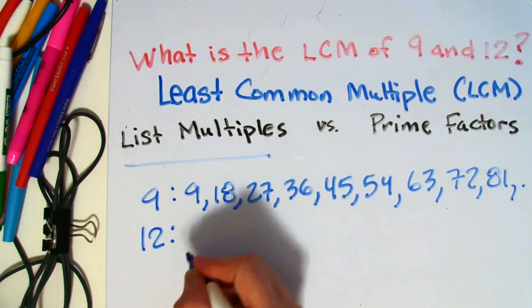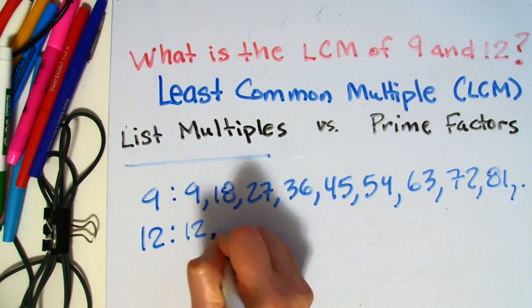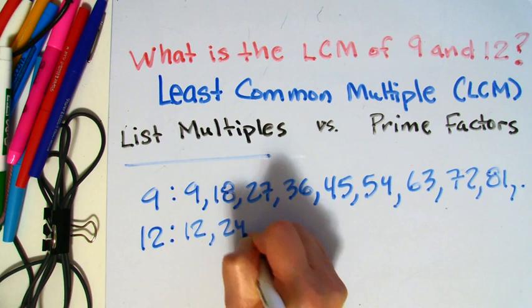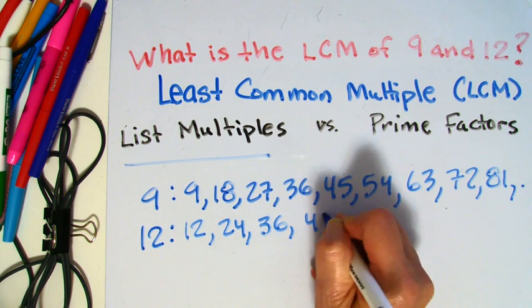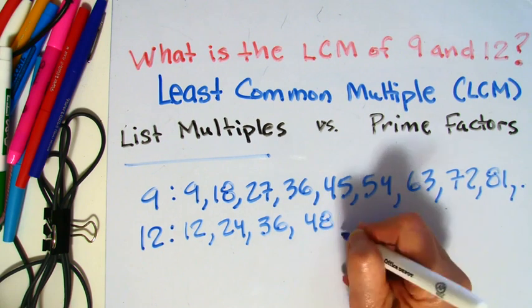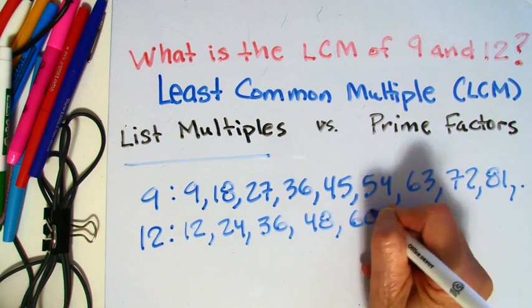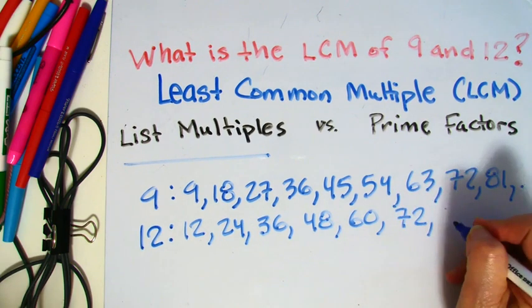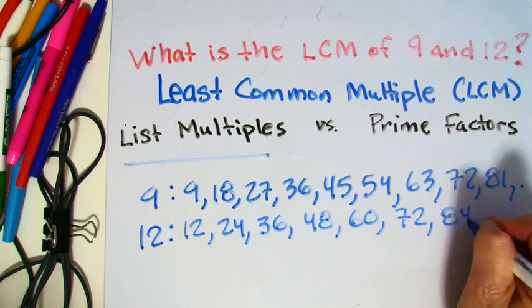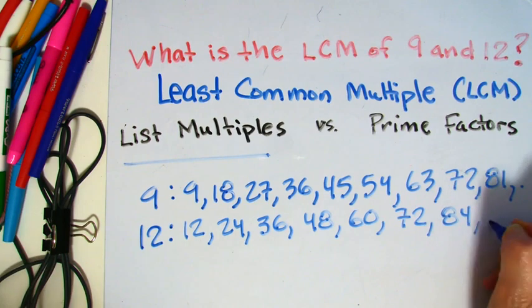Let's go ahead and list some 12s. Starting with 12, 24, 36, 48, 60, 72, 84, and so on.